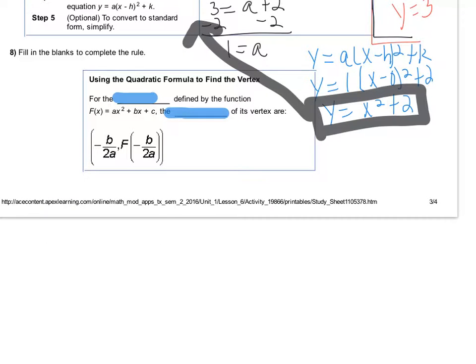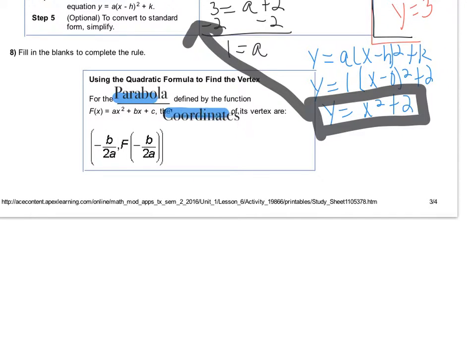Hey, we're almost done. It says fill in the blanks to complete the rule. Using the quadratic formula to find the vertex for the parabola defined by the function ax squared plus bx plus c, which is your standard form, the coordinates of its vertex are what you have here.